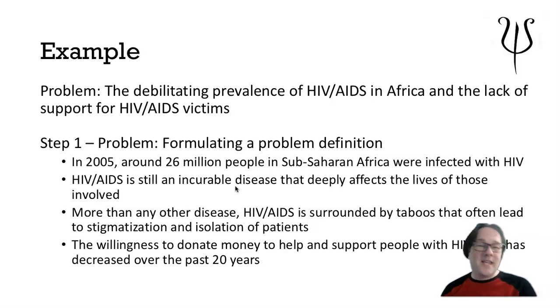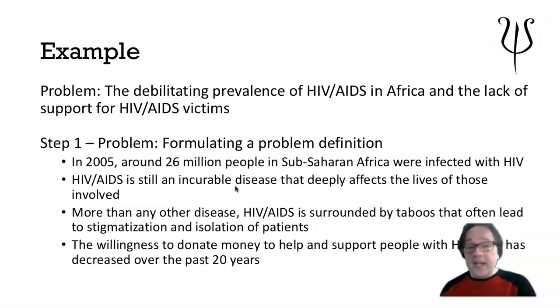And the medications that are used to treat HIV/AIDS can have some really nasty effects on the body. So it's still a serious illness, and that's why it's still a problem, right?